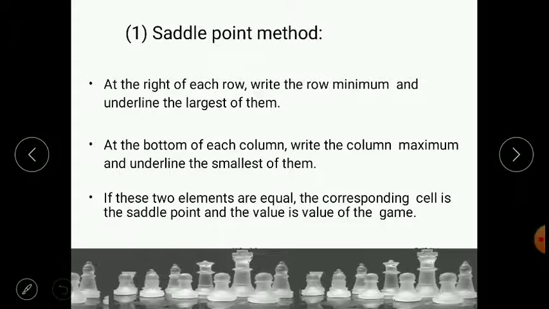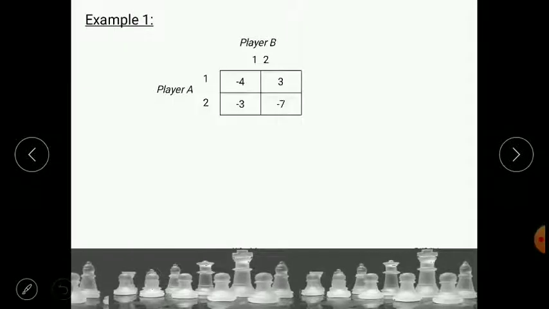Okay, so we'll understand this with a simple example. Let's say we have an example here.